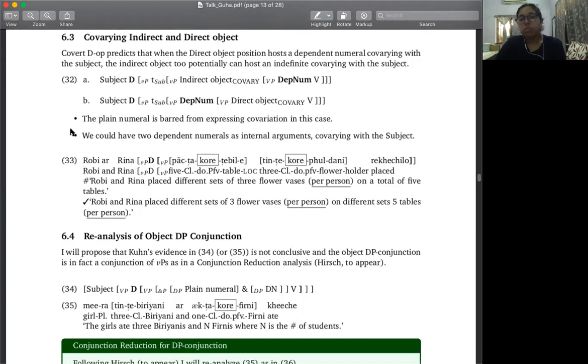But we could have 2 dependent numerals as indirect object covarying with the subjects. That's what 33 shows. Indirect object is a dependent numeral, direct object is a dependent numeral, and we can get a reading: Roby and Rina place different sets of 3 flower vases per person on different sets of 5 tables per person. So that's one prediction of covert D that's met.